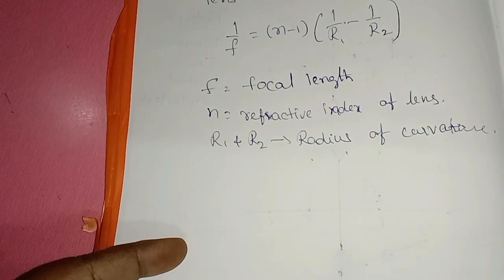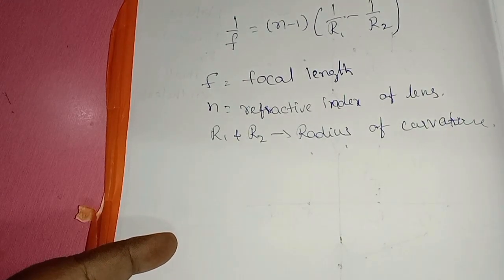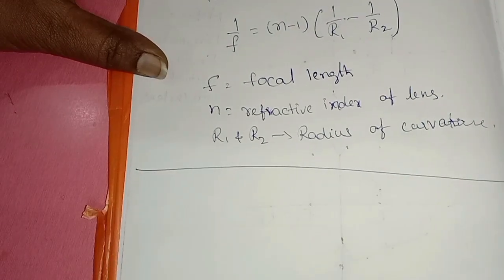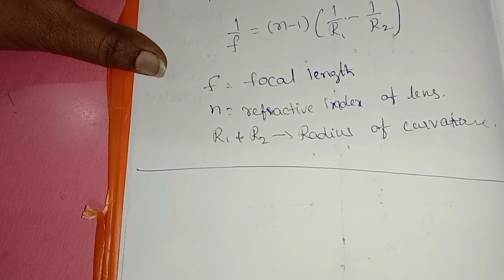Here we have one problem, page number 82: find the focal length of a double concave lens.